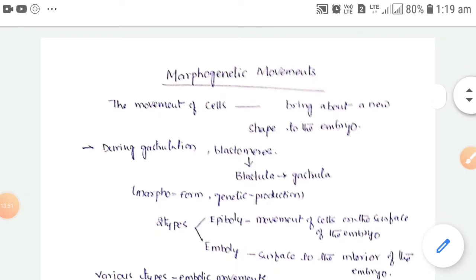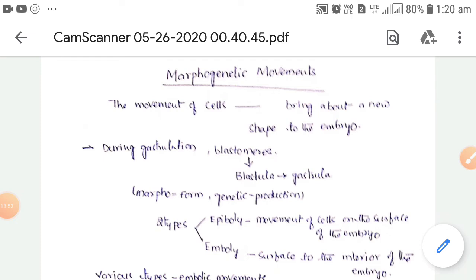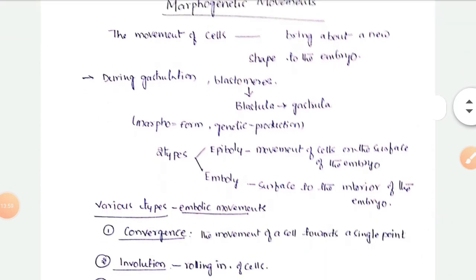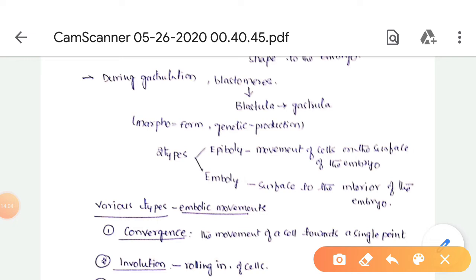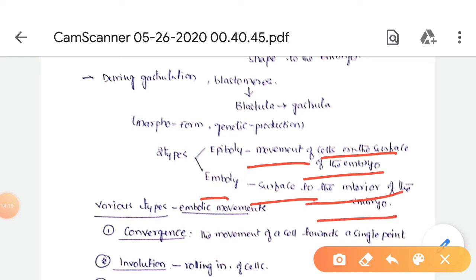So morphogenetic movements means the movement of cells from one place to another place and they bring a new shape to the embryo. There are two types, one is epiboly and the other is emboly. Epiboly means the movement of cells on the surface of the embryo and emboly means movement from the surface to the interior of the embryo.